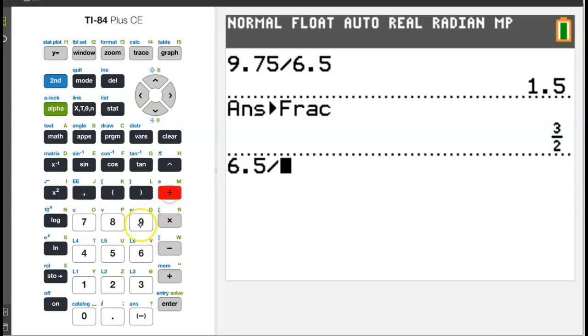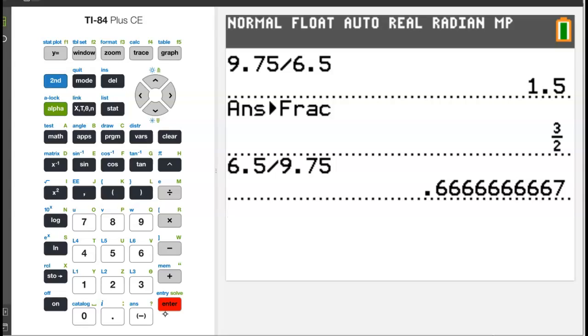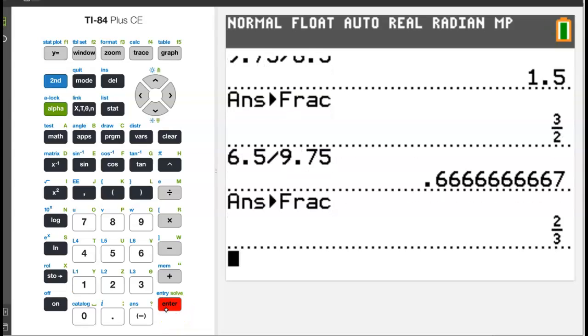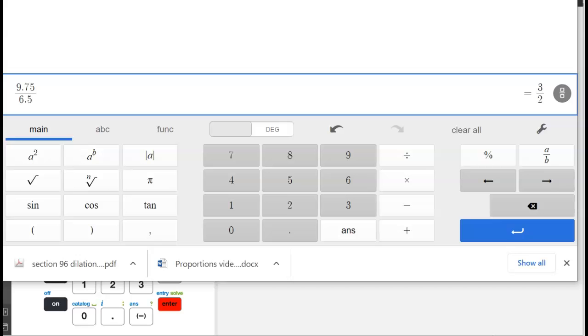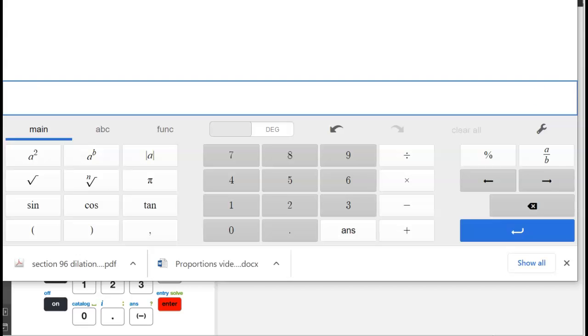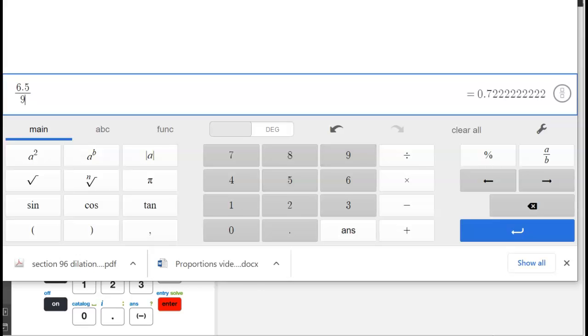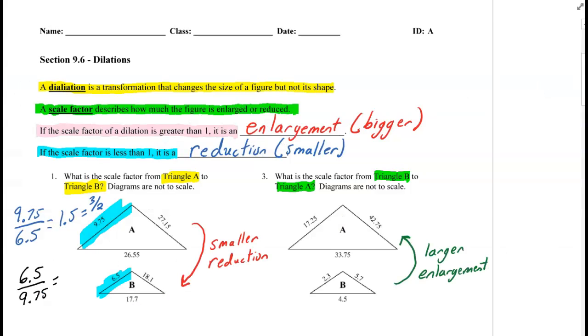6.5 divide by 9.75. I get 0.6 repeating, and if I press math, number 1 for fraction, and hit enter, I'll get 2/3. On the Desmos calculator, I can type 6.5 divide by 9.75, press the little fraction button there, and notice you get 2/3.